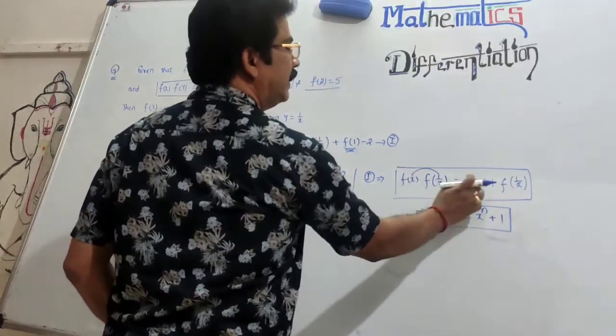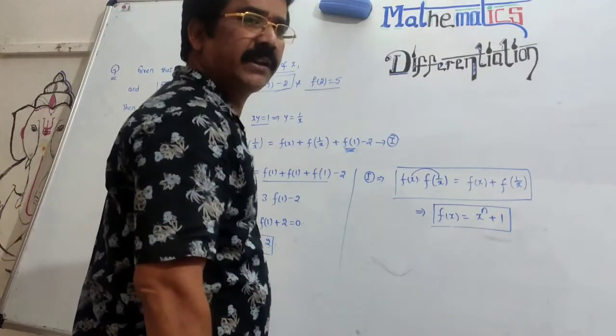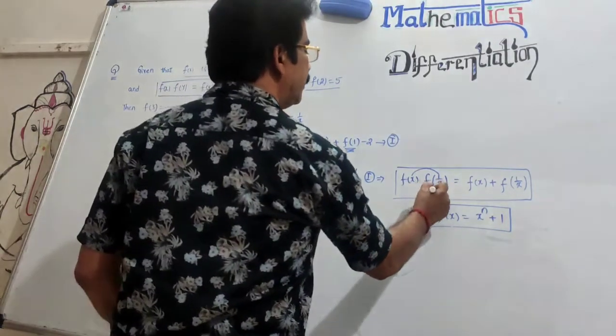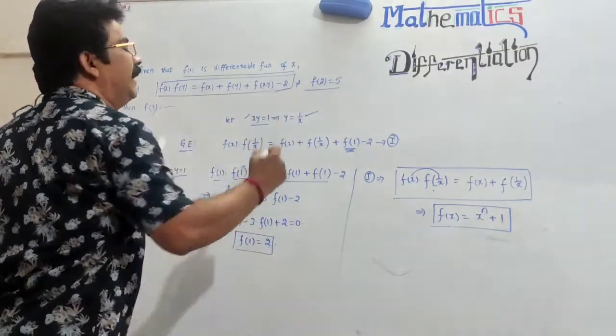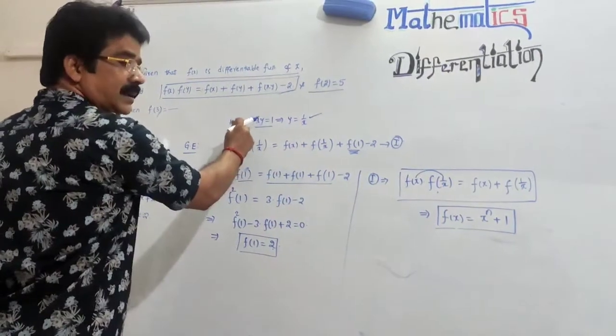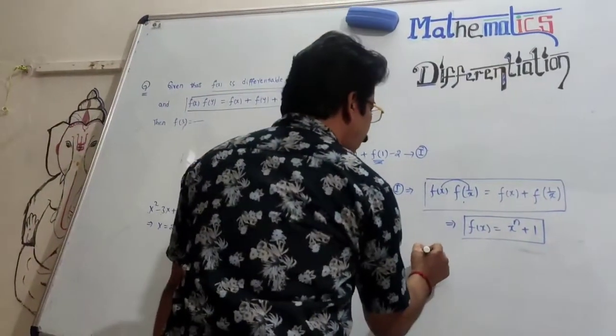It is the product, it is the sum. In this case, assume that f of x equals x to the power of n plus 1. To obtain this form, we took xy is equal to 1 or simply y equal to 1 by x. This is the reason for the assumption. Understand? Right.